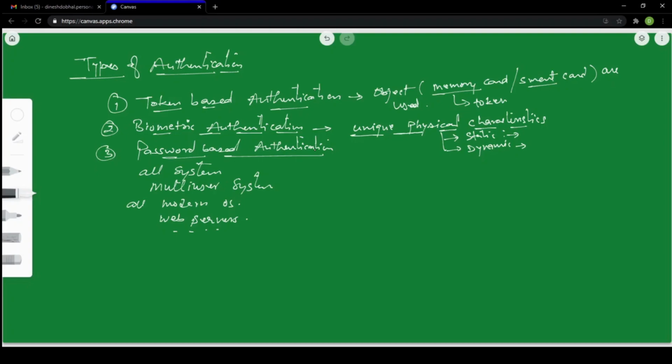In the password based authentication, the user will provide a user ID and a password, which is set by him or given to him or her by the system.